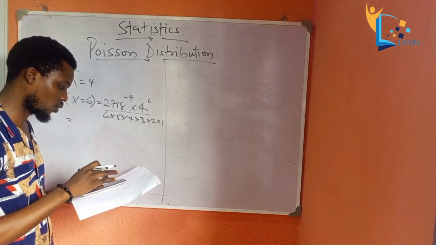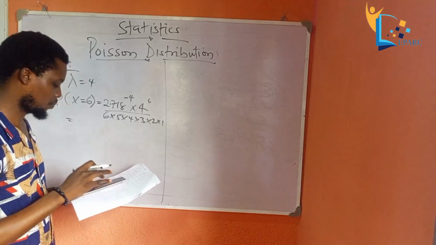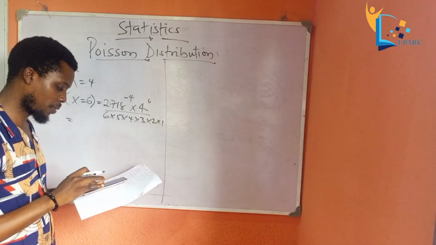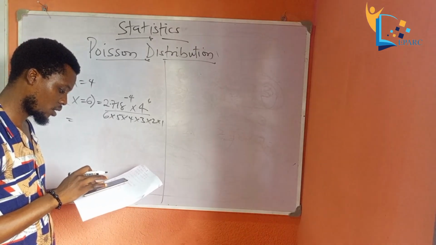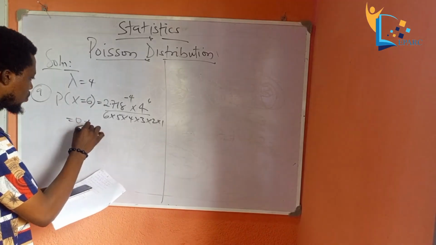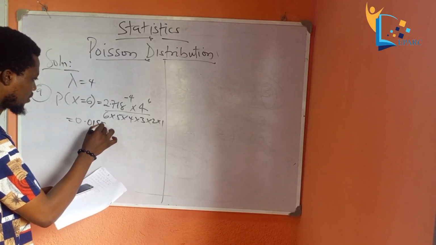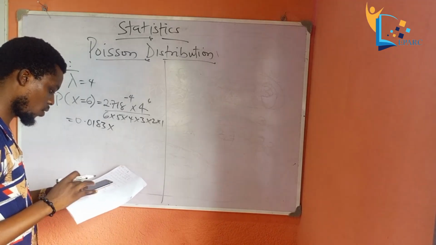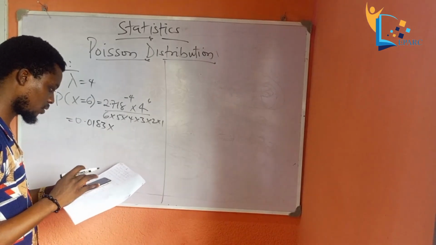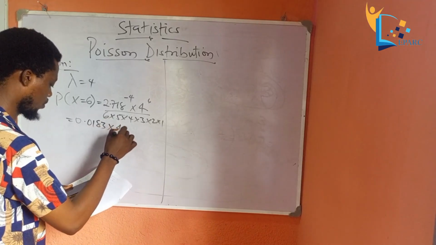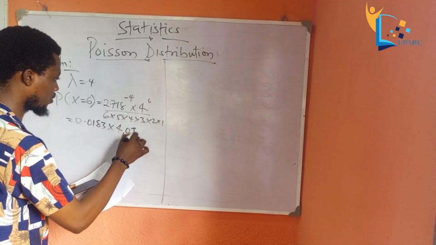Let me use our calculator. 2.718 raised to the power of minus 4 will give us 0.0183, times 4 raised to the power of 6. 4 raised to the power of 6 will give us 4,096.